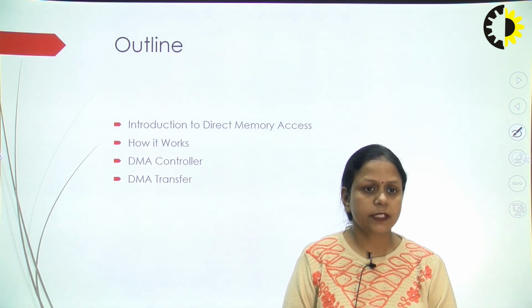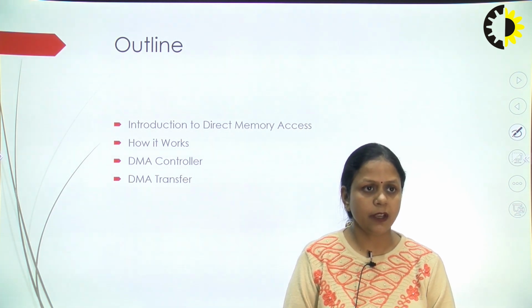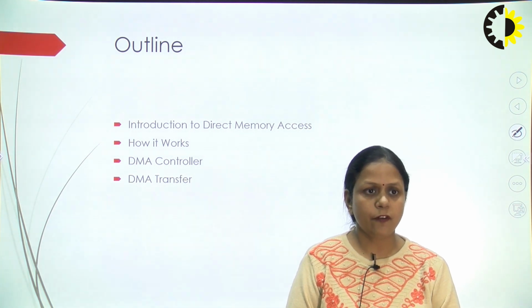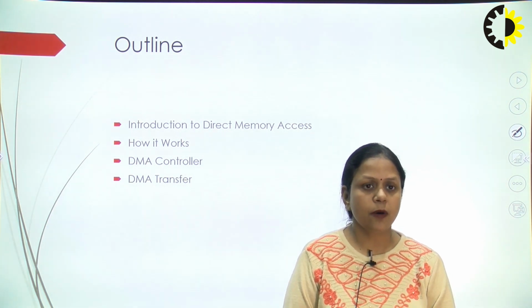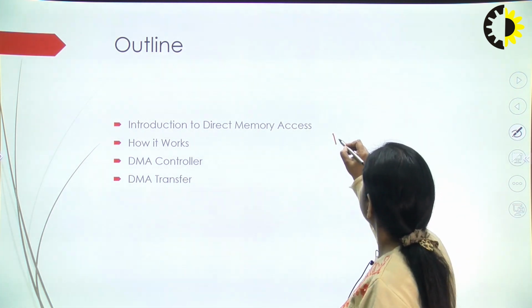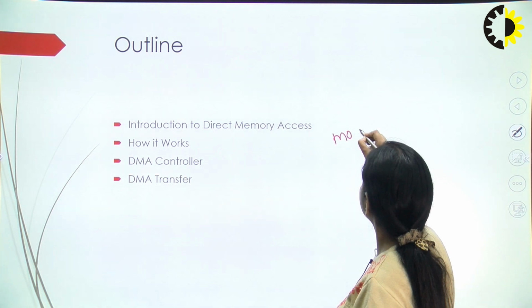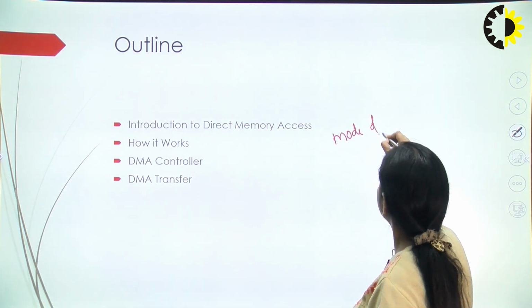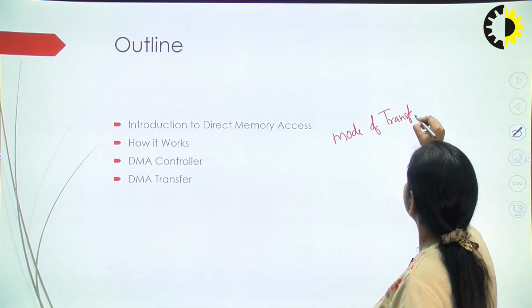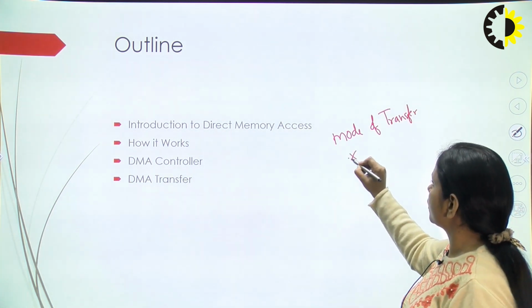Firstly, we should understand the meaning of DMA. To find out the meaning of direct memory access, we should know about the modes of transfer. What is the mode of transfer? We have three types of mode of transfer.